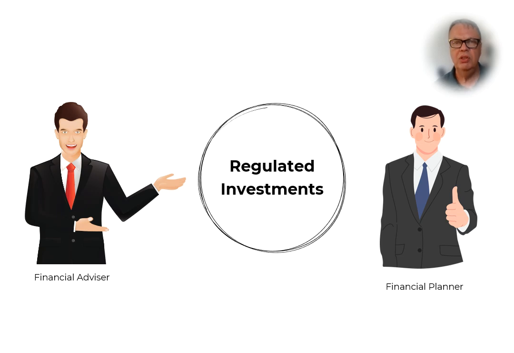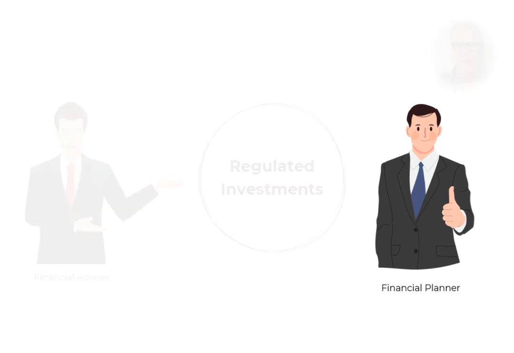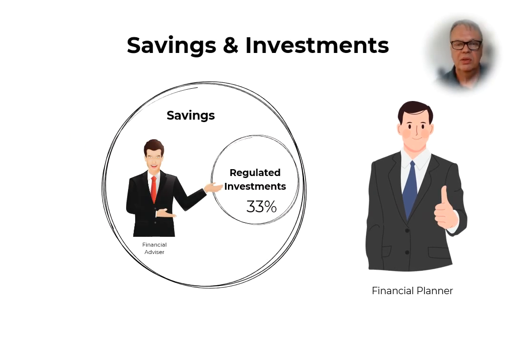But I want to show you the broader role of the financial planner. So it's not just about the regulated investments. We can also look at the savings portfolio of the client. And we can use services like Deposit Sense in order to help the client maintain and run not just their regulated investment portfolio, but also their savings portfolio.